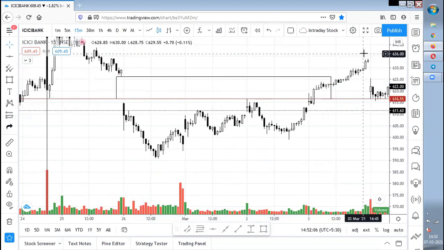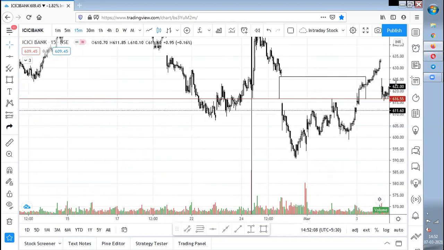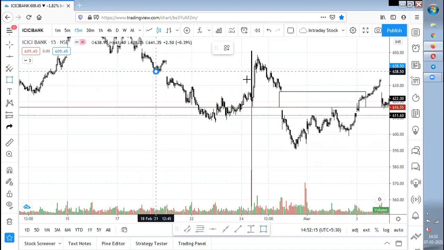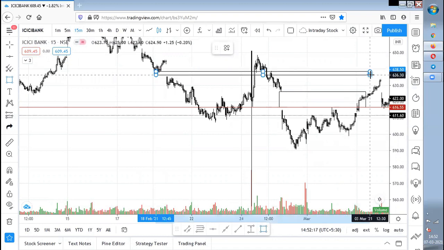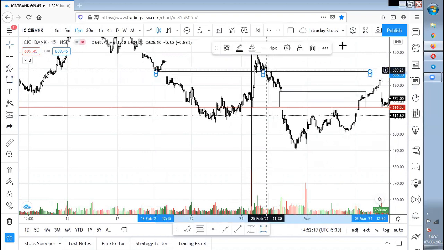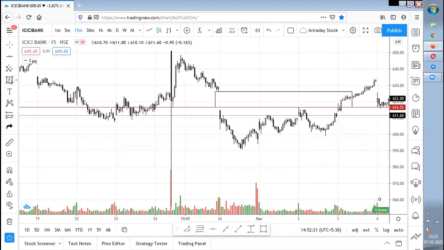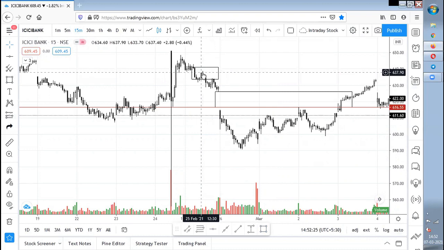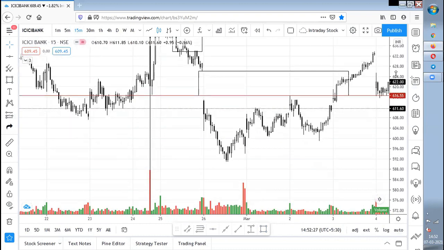Once above that, it can go still further high. Not exactly at what level it can reach, but at least till this zone. Why? Because there is another gap over here, and there is some rejection which has happened earlier also. Let me remove this. If you see, the rejection has happened again at this zone. So we might expect some price towards this zone. That is my expectation.